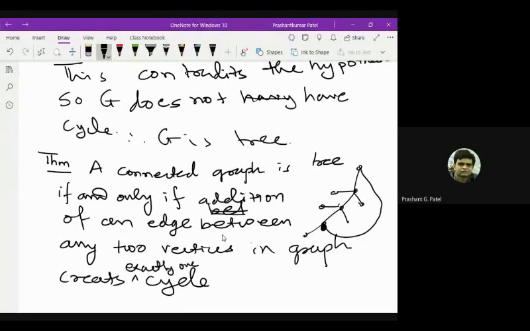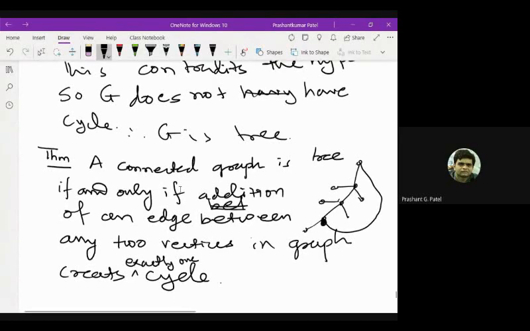So it will create one cycle in between. We'll not discuss the proof of this, but you can see this is a very important result.